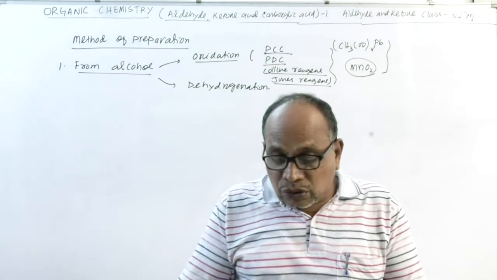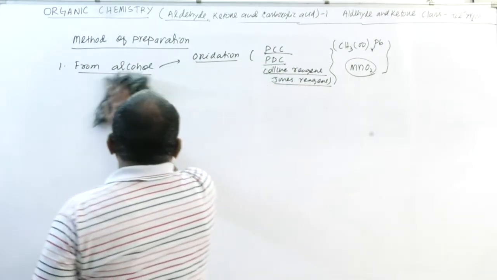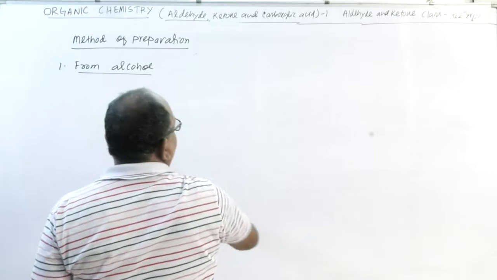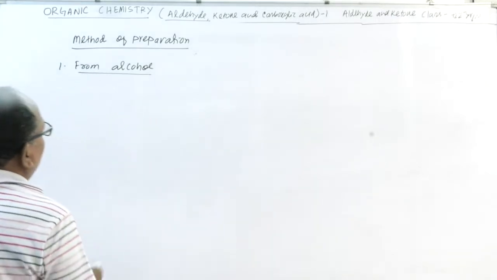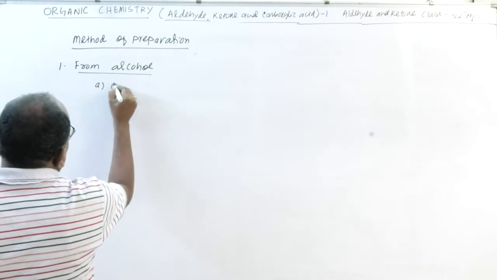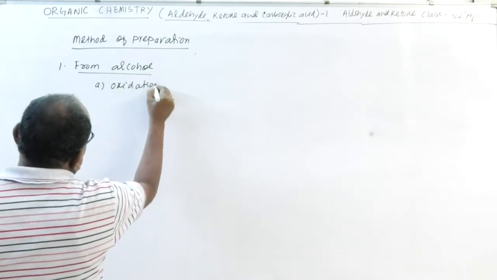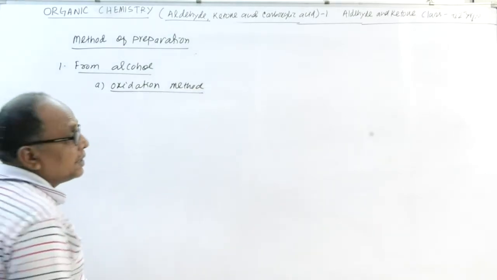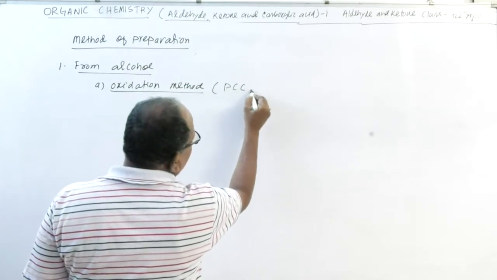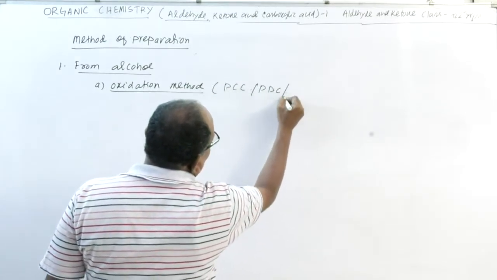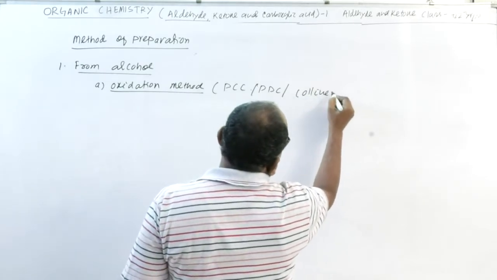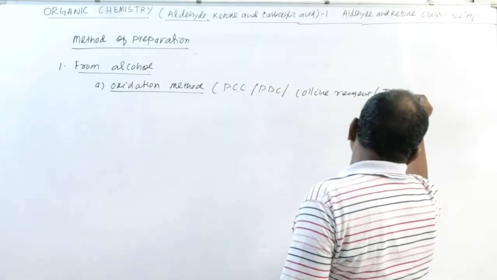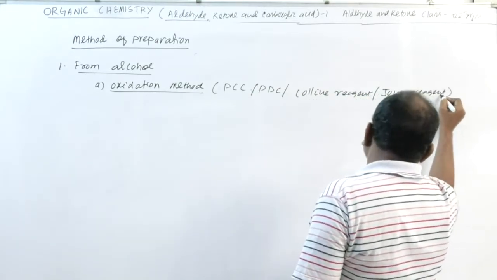Okay, students, so let us see how aldehydes and ketones can be prepared from alcohol by the oxidation method. In the oxidation method, your oxidizing agent is PCC, or PDC, or Collins reagent, or Jones reagent.